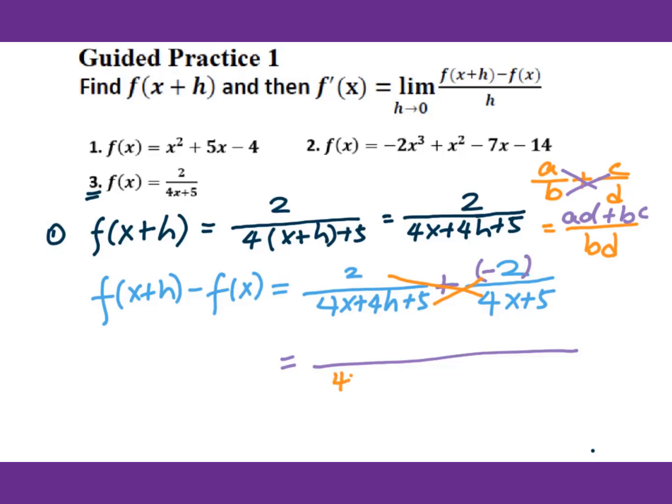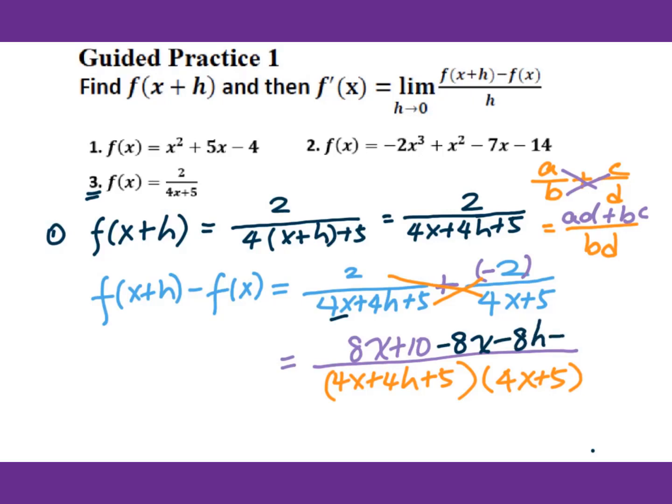Bottom, I just do the multiplication. Cross multiply 2 times 4x, that's 8x. 2 times 5 is plus 10. Negative 2 times 4x, that's negative 8x. Negative 2 times 4h, that's negative 8h, minus 10.